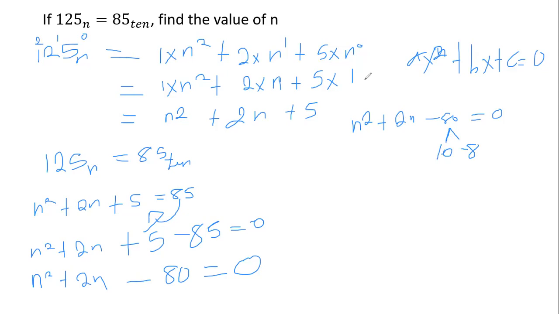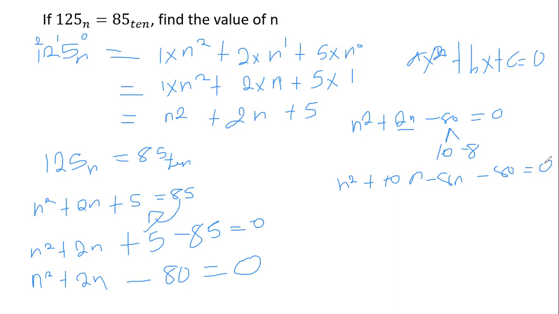So what we are going to do now is replace the 2n by 10n and 8n. So we shall have n squared plus 10n minus 8n minus 80, and this is equal to 0.